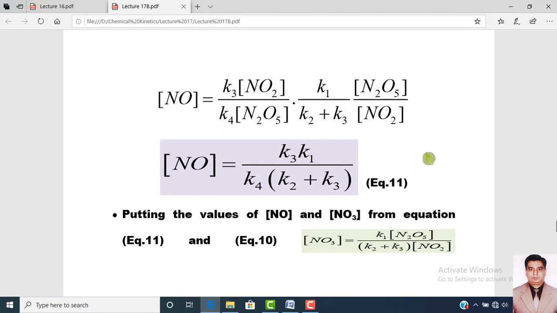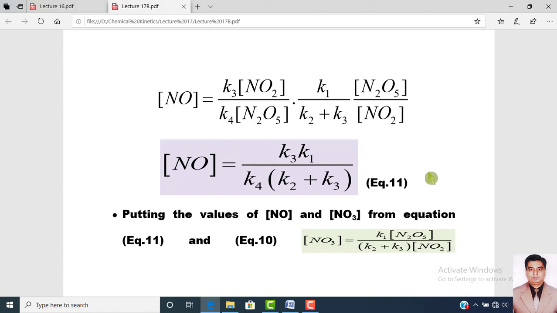So the remaining values according to equation number 11 are NO is equal to K3 K1 divided by K4 into K2 plus K3. So dear students, from equation number 11, we have the value of concentration of nitric oxide.